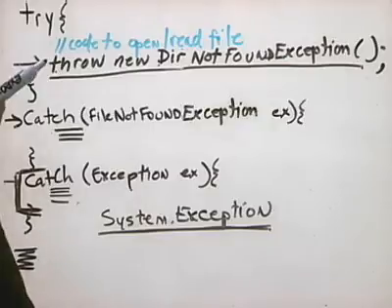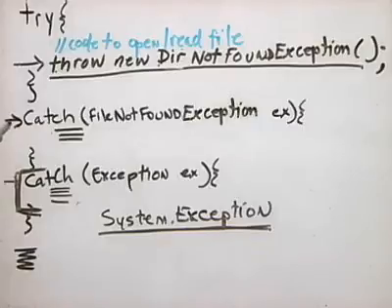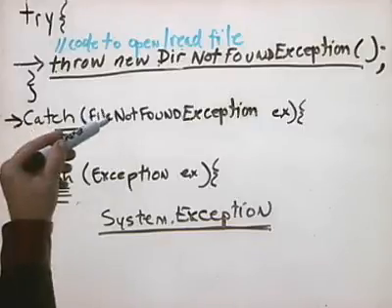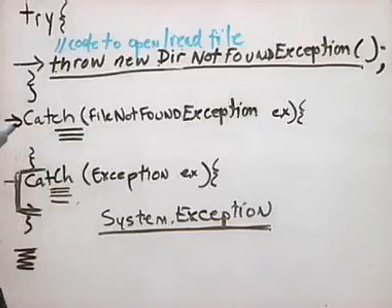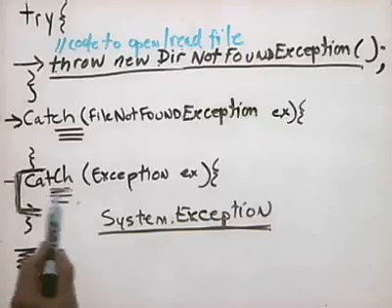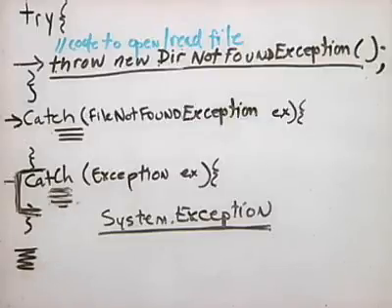So in this case, the .NET runtime generates that statement. This catch is evaluated. It doesn't match the kind of exception that was thrown. It goes here. This is what's called a general catch. It catches System.Exception, a very, very general catch because it catches everything. The code inside this catch gets executed.